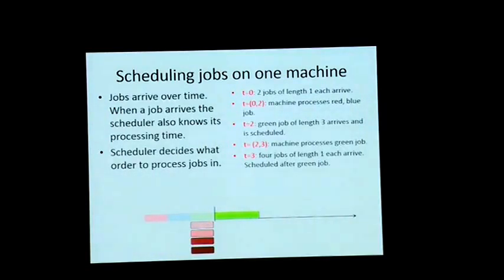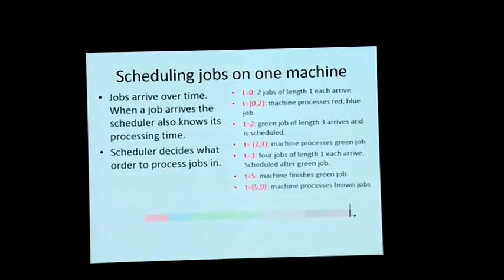Maybe what the scheduler does is it just puts these jobs at the end of this queue. And so from time 3 on to time 5, it will finish processing the green job. And then from 5 on to 9, it will process the remaining brown jobs and get a schedule. Okay, so this is what a scheduler is supposed to do, and this is what a schedule is, right?